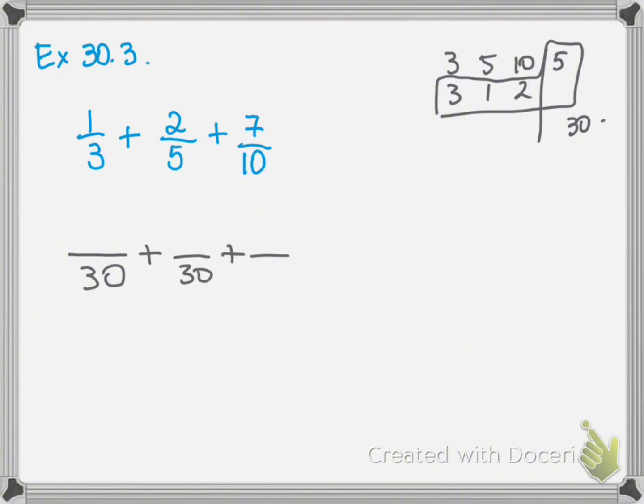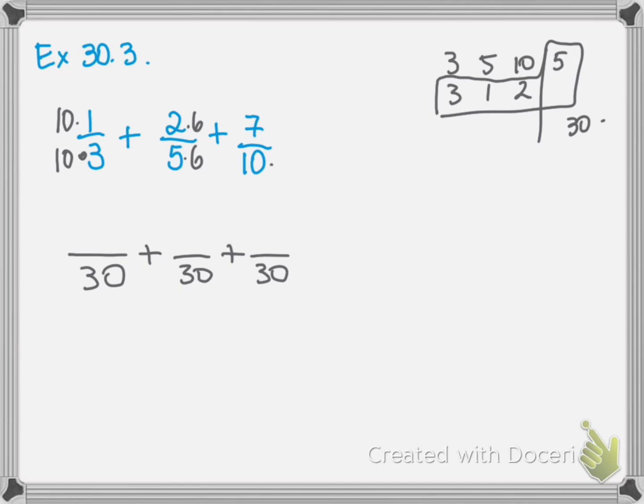Now, that's not what I have, but it's what I want. So I have to think, okay, what do I have to multiply 3 by to get 30? Or what is 30 divided by 3, which is 10. And that's what I have to multiply, both the numerator and the denominator. Then 30 divided by 5 is 6. So I multiply the denominator and the numerator.